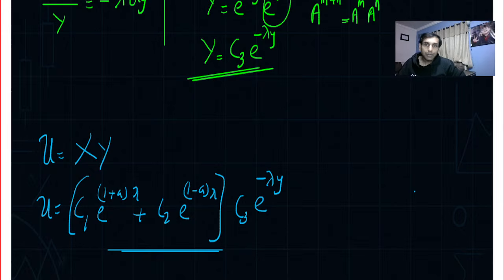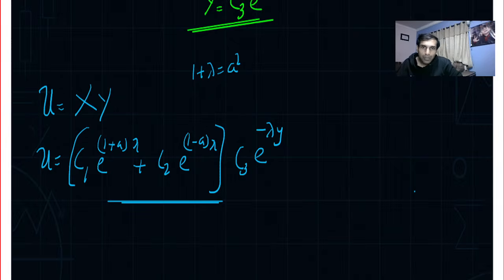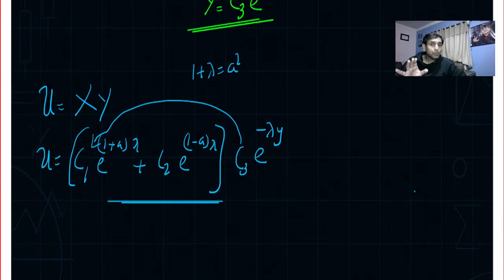And do you remember, we called 1 plus lambda equal to a square. But I have a very good idea. What I'm going to do is take this constant inside. Once more, if you leave it like this, you will get full marks. But still, let's manipulate it a little bit.